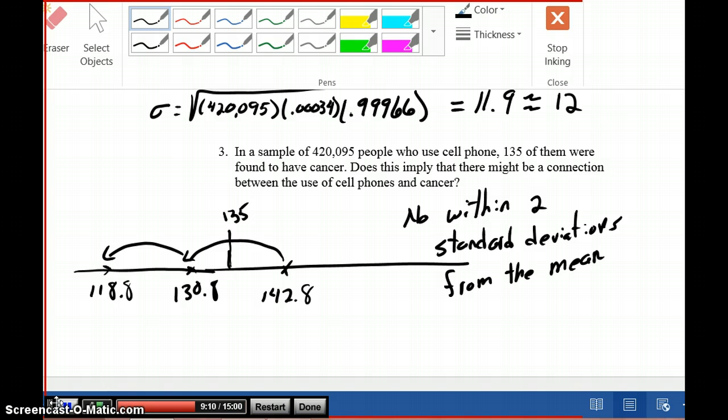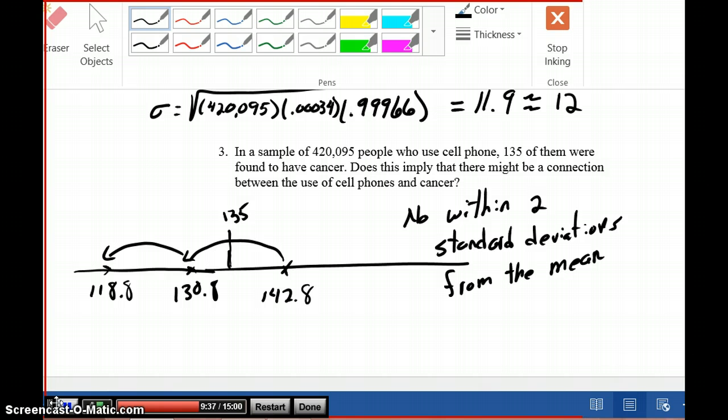Well, I have 142.8. In my group, I've found that 135 of them have cancer, so that is well within 2 standard deviations from the mean. So my conclusion is that no, this value of 135 is within 2 standard deviations from the mean, so that I cannot conclude that there is any connection. It is not unusual at all.